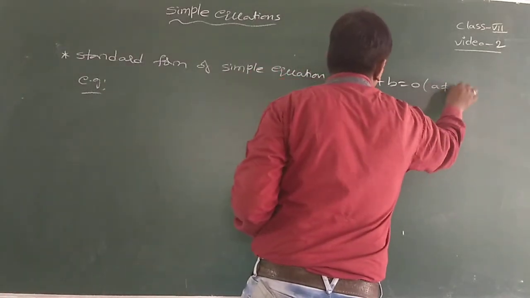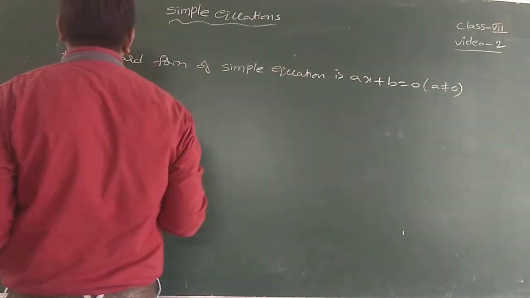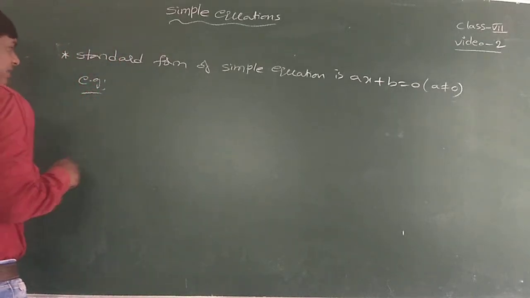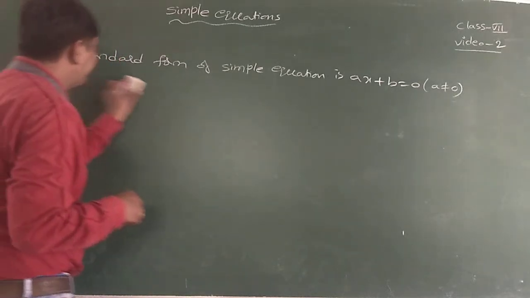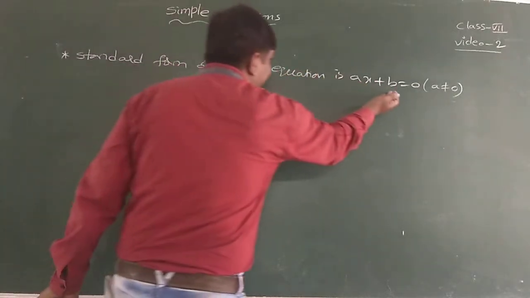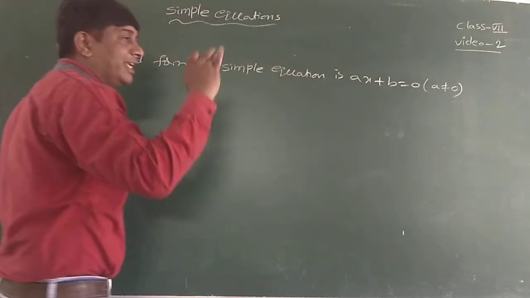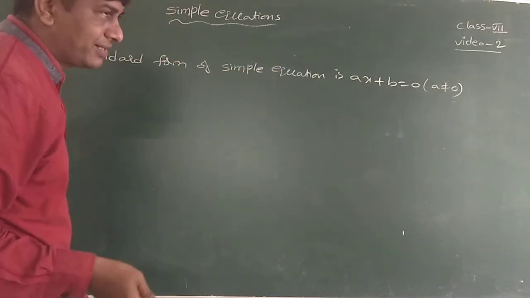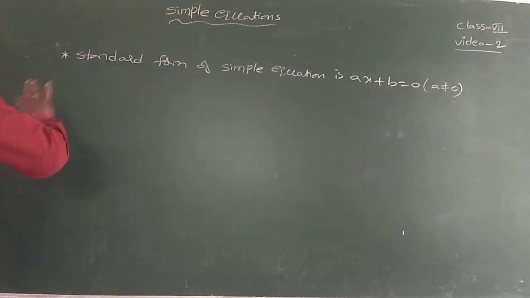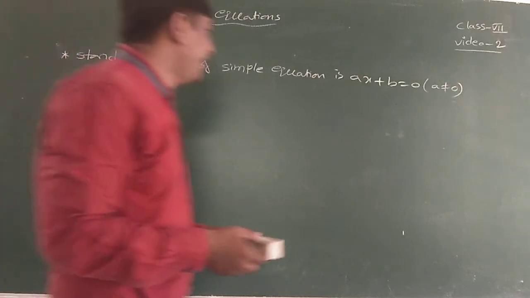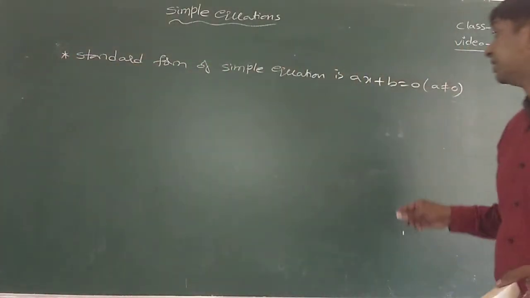Keep it in mind always, don't forget it. In the simple equation, the left side of the equal sign is the left hand side and the right side is the right hand side part.